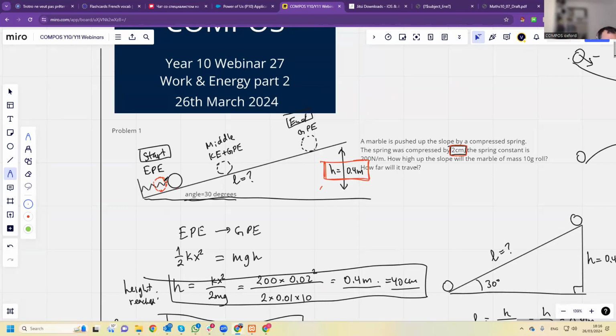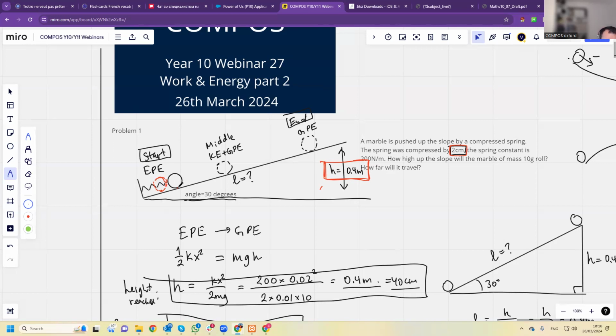So I have to measure from the bottom, and it's 0.4 from the bottom when it was compressed, or was it 0.4 from the moment it was released? Well, it's 0.4 from the bottom.